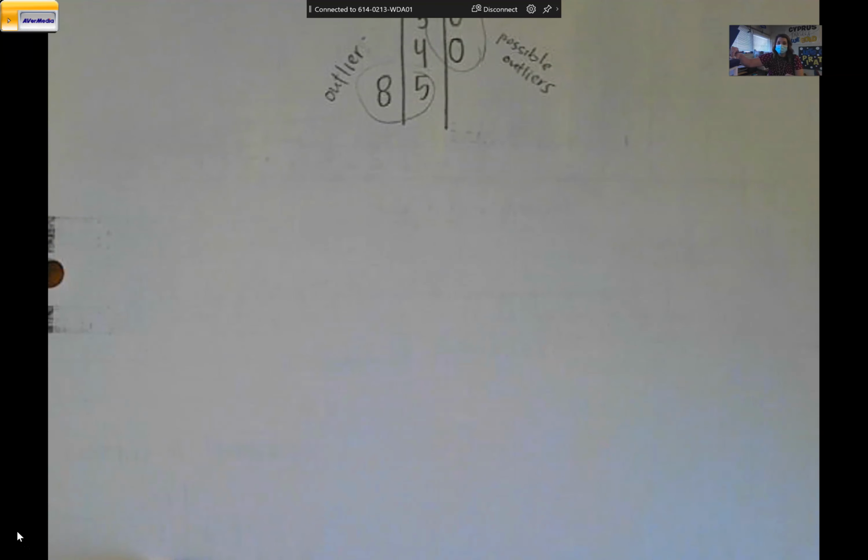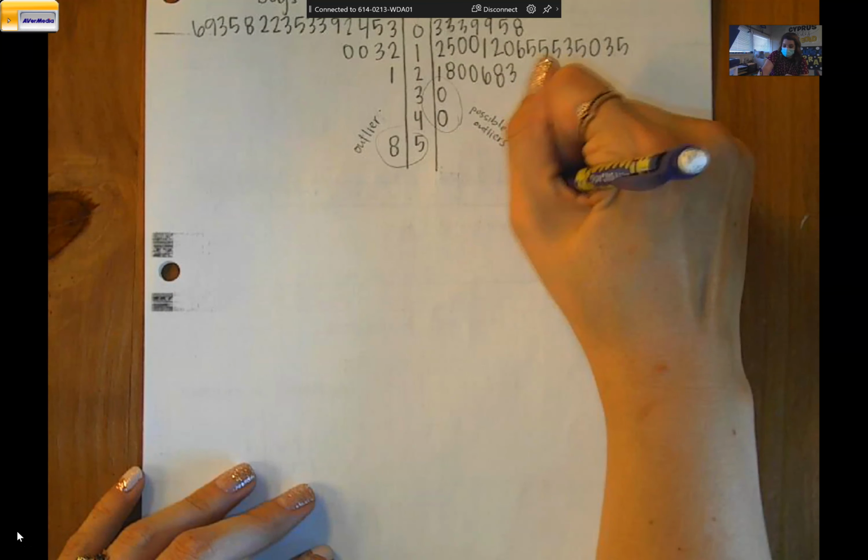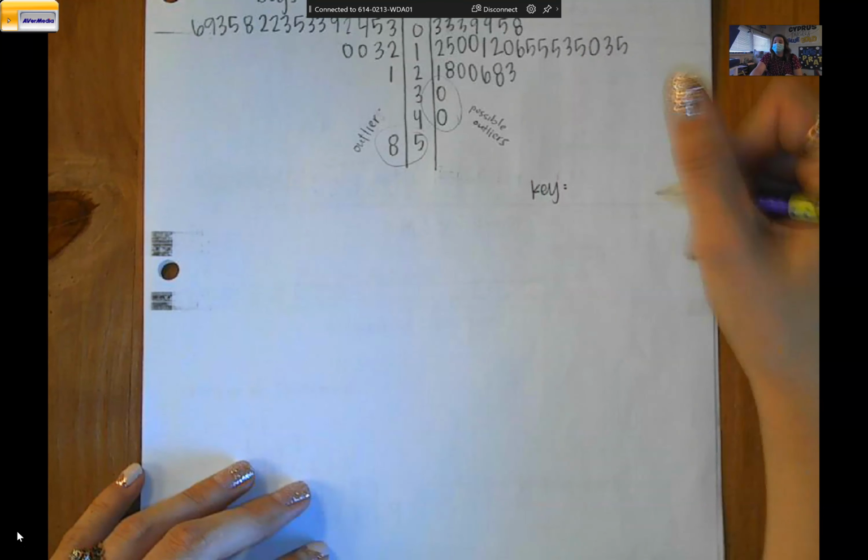Part of what I want you to do as homework is formalize this stem and leaf plot. What I mean by that is I want you to add a key, and then I want you to split the stems.